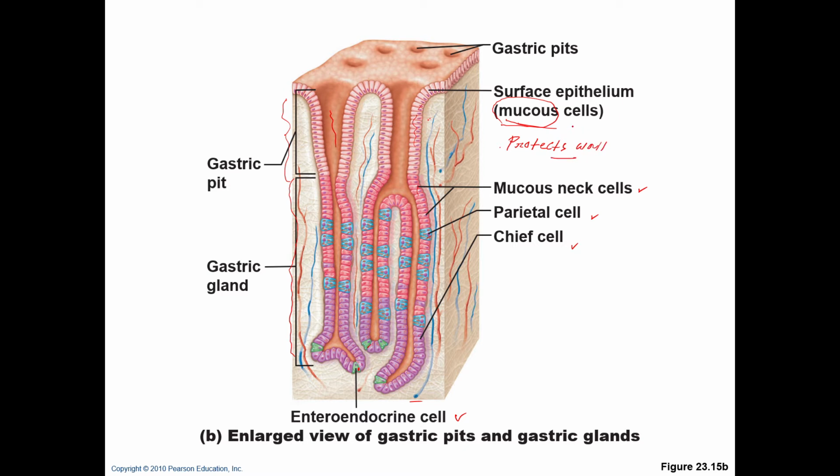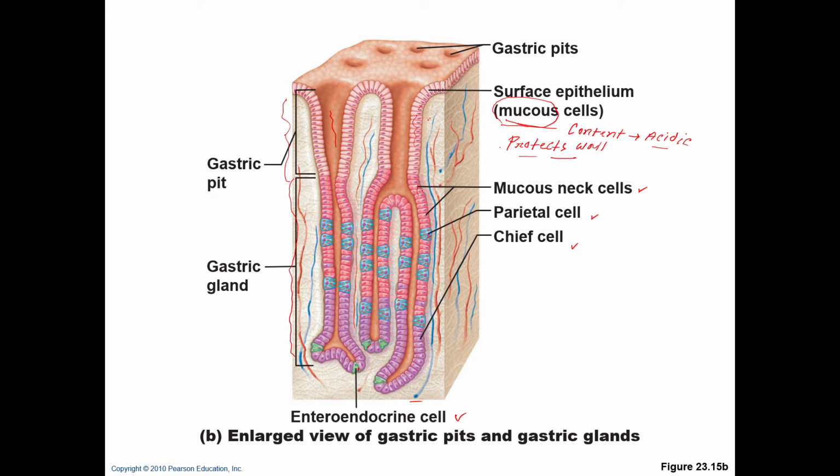The food content in the stomach is acidic. Hydrochloric acid is secreted in the stomach. So that acidic food can burn the wall of the stomach, right? So because of the mucus, that layer, the acid cannot come in contact with the wall, and that's how it protects the wall of the stomach from the acidic content inside the stomach.